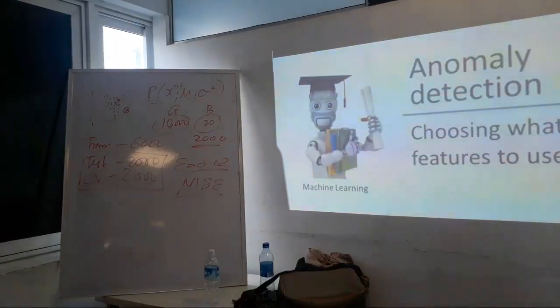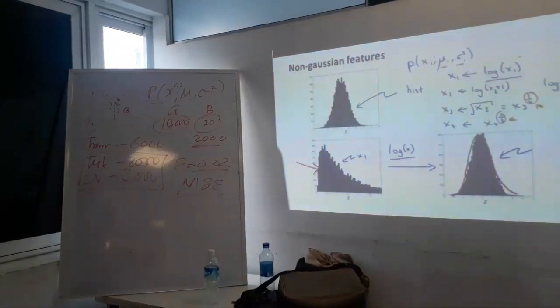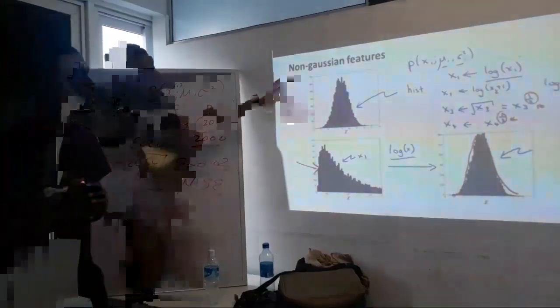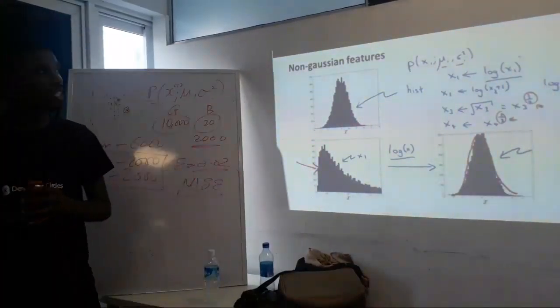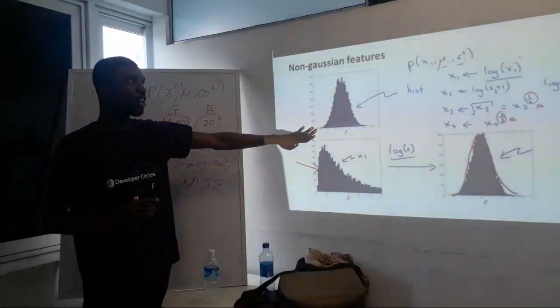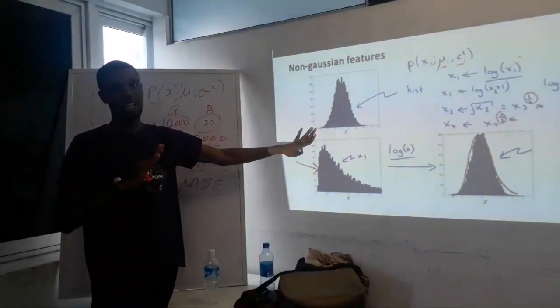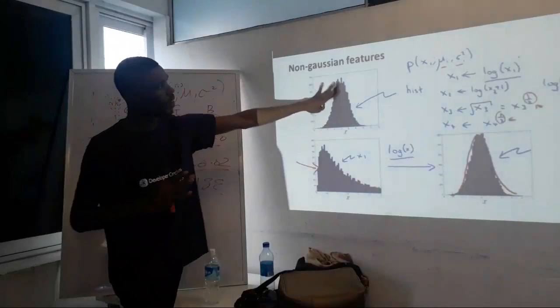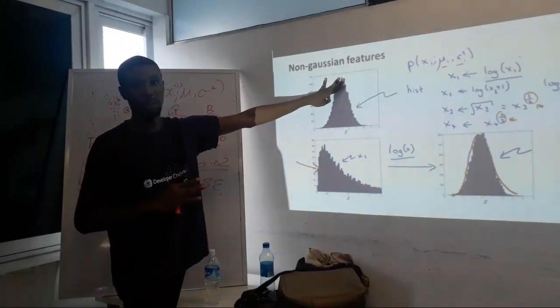So now, choosing what features to use. Sometimes we have a non-Gaussian feature. This kind of looks like a Gaussian feature, but it's not really, because you have different stuff happening here.